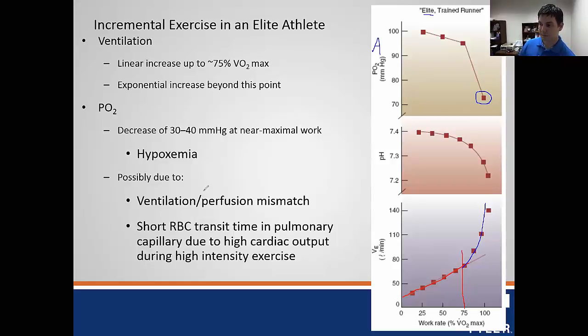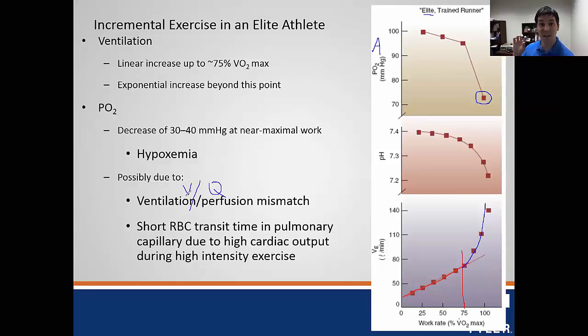Some thoughts may be due to the ventilation perfusion mismatch, or remember this is our VQ mismatch. The idea is that we have such a high rate of perfusion, right? So with these cardiac outputs in an elite trained athlete, I think we mentioned briefly in the cardiovascular section that it can be up to 40 liters per minute of cardiac output, whereas an untrained individual is 25.